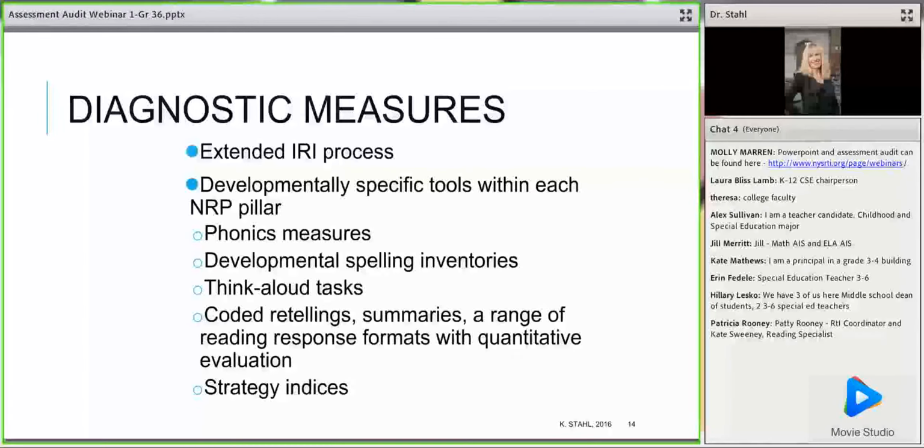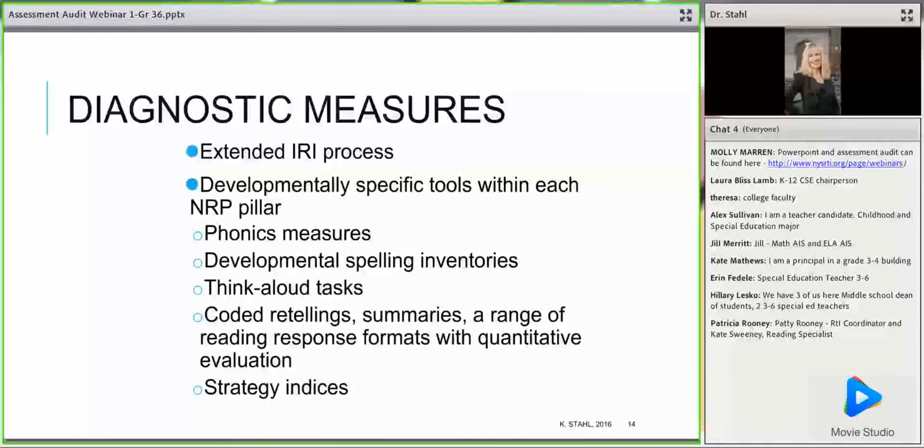And other tools that are developmentally specific to each of those National Reading Panel pillars. So, for example, particular phonics measures that are still necessary for those children in 3rd, 4th, 5th, 6th grade that are functioning below level. These are very important diagnostic tools.